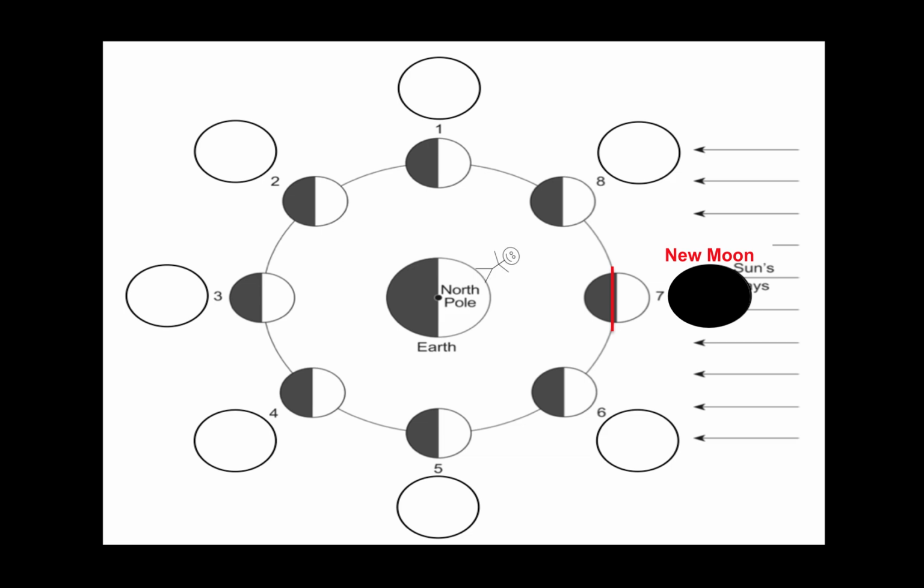Alright, now if we're trying to find the phase for 8, again, we're going to move our person over, and they're going to be looking up at the moon. Again, though, they can only see the side of the moon that's facing them. They can't see that other half.